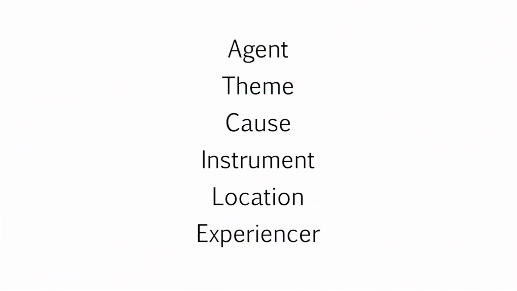There's a fair amount of argument in the literature about exactly how many thematic role labels are necessary to capture the relevant patterns of behavior in the languages of the world, with proposals ranging anywhere from 2 to about 15 thematic roles. We'll settle on the middle ground and use 6 thematic role labels: agent, theme, cause, instrument, location, and experiencer.